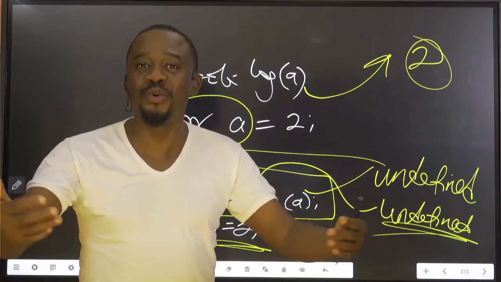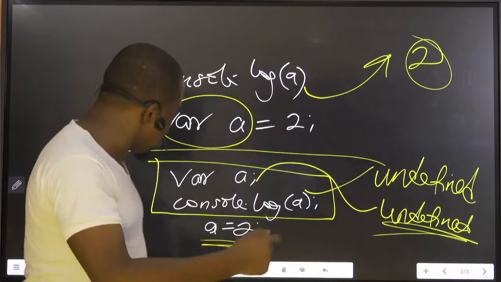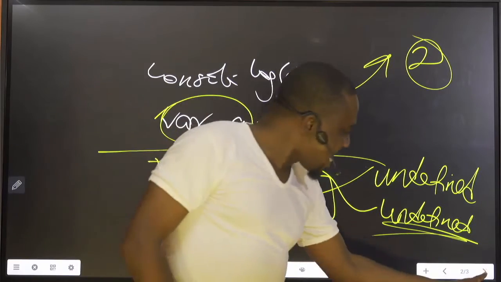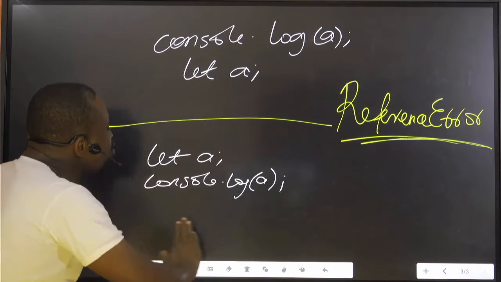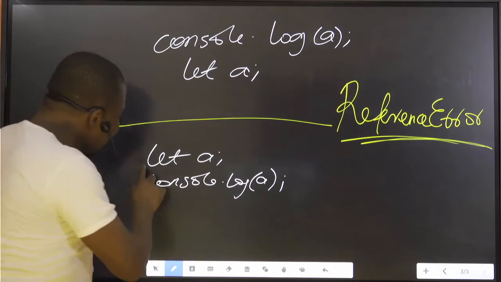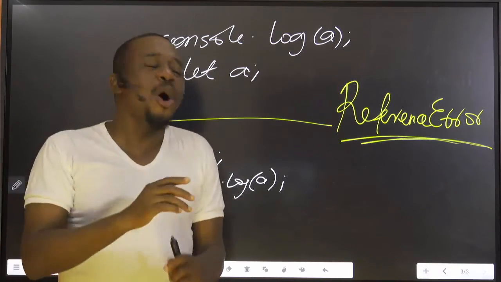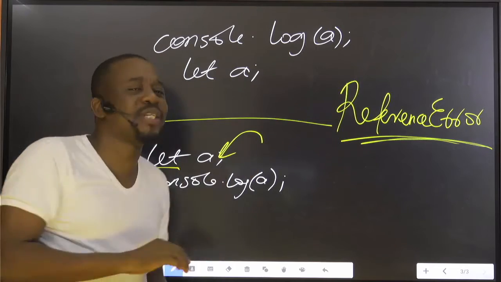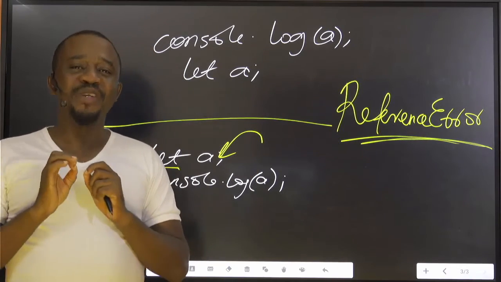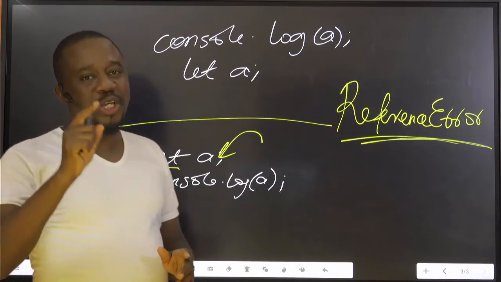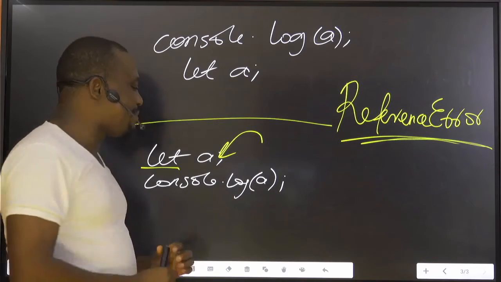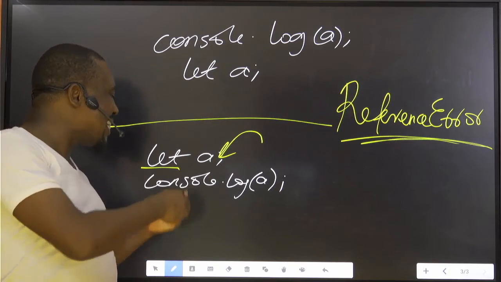That is a value I gave to it because you use var. If you use let, it only assisted you to lift a up, but it did not assign or define anything to this guy. Therefore, it will give you reference error. Then it will tell you you cannot access a before it is initialized.